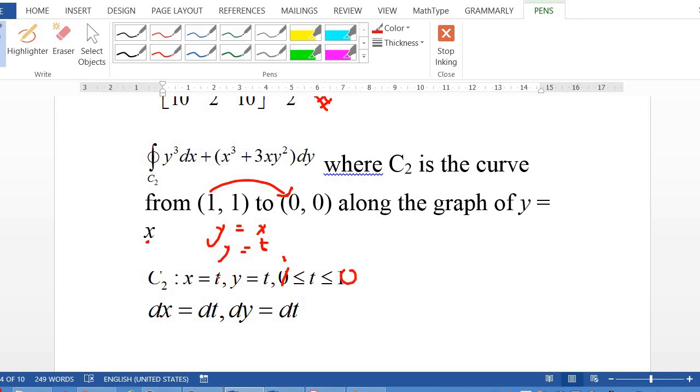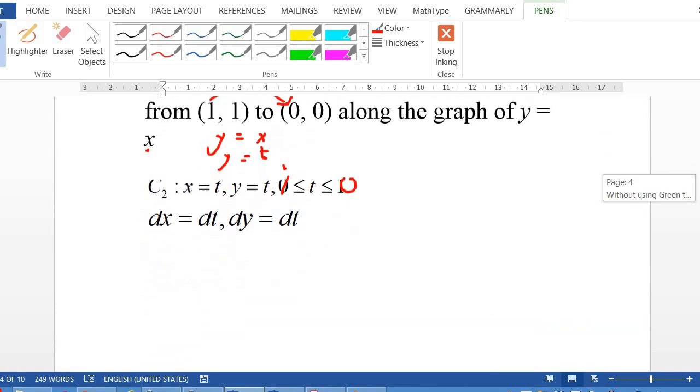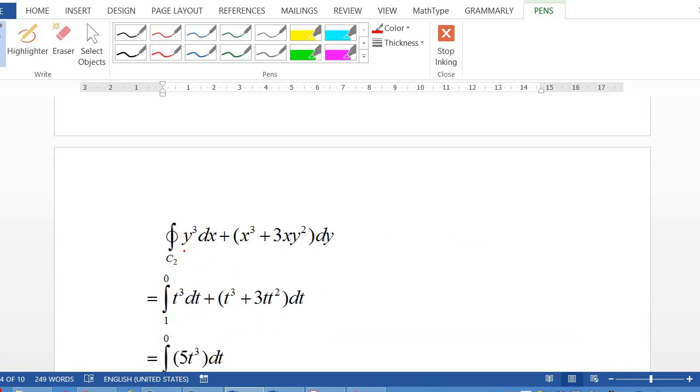Then dx equals dt, and dy equals dt. So plug in all x, y, dx, dy, then integrate from 1 to 0.